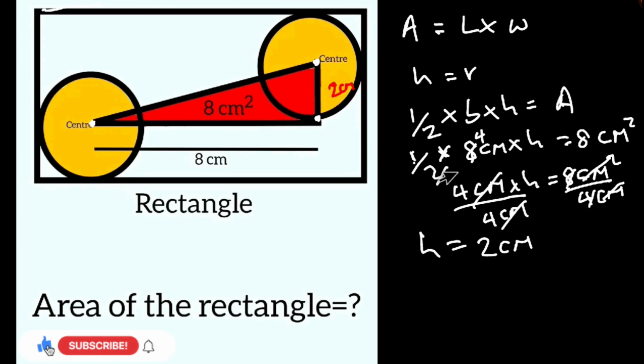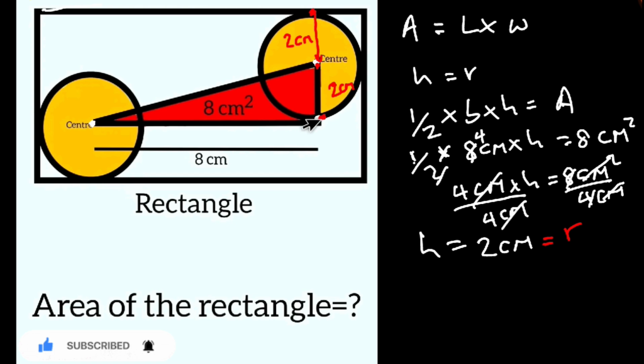which is also equal to the radius of this circle. Now for us to find the width of this rectangle, the width is given from this point to this point, which is the radius of this circle, which we have found as 2 cm. So this height equals 2 cm equals the radius. Let me write it this way. Then from this point to this point, which is the radius of this circle, is also equal to 2 cm.